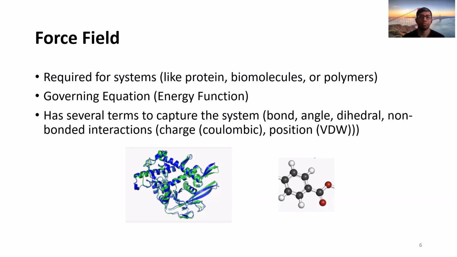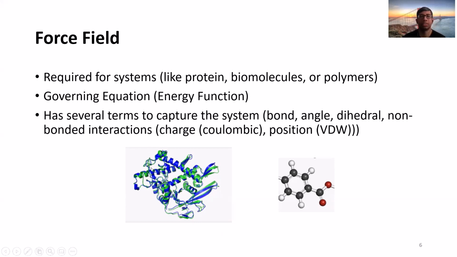Let's say you want to define the whole system. In the simplistic definitions of pair potentials or semi-empirical methods, we have captured the system in terms of the position of the atoms or electron density or a bond order. So we wanted to capture the behavior of the system. But if you want to define a whole system, you have to define several terms.